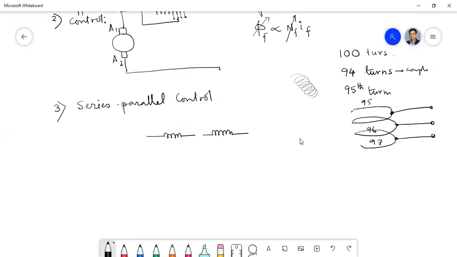But if you use this 96, that means you are not using 4 turns, only 96 turns. That means the effective number of turns in your field coil is reduced. If the effective number of turns is reduced, the effective field MMF will be reduced, so the flux will be reduced and the speed will increase, as the speed is inversely proportional to the flux.